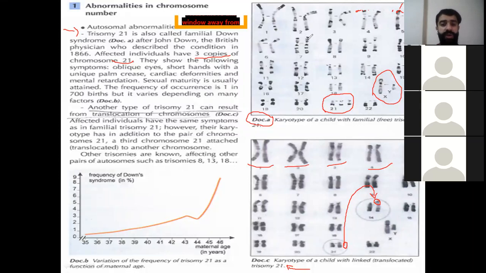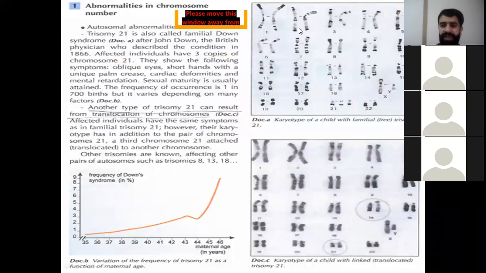So affected individuals have symptoms similar to those of the trisomy, like Down syndrome. However, their karyotype has, in addition to the pair of chromosomes, a third chromosome which is attached or translocated to another, in this case, to the 14. Other trisomies affect other pairs: we have trisomy 18, trisomy 13, trisomy 8, and so on. So these are the different trisomies found.